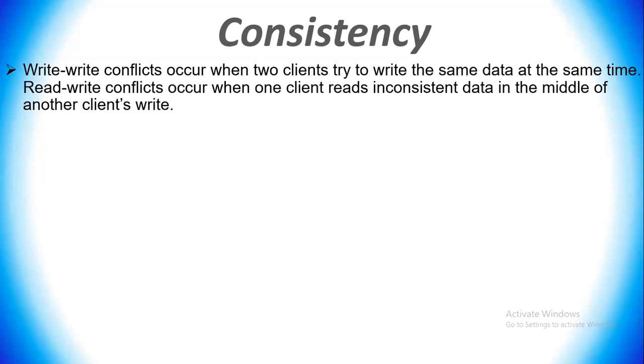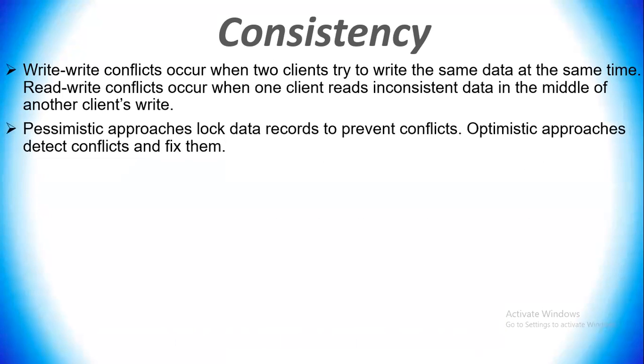So the problem comes in read-write conflicts. The read-write conflict is the one that I explained a moment ago, which happens when one client reads inconsistent data. That means for the example that I took, the client or the customer from America will read inconsistent data because another user has already updated the same data in the Sri Lanka server, right?